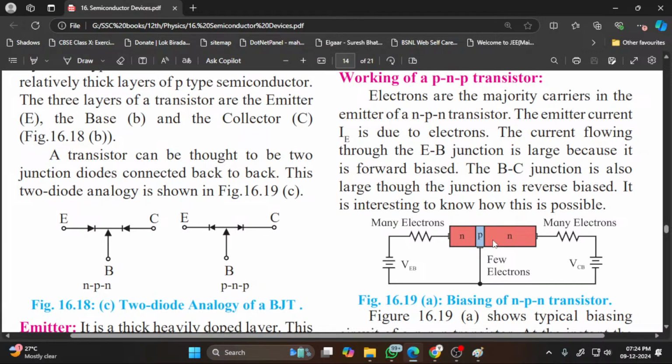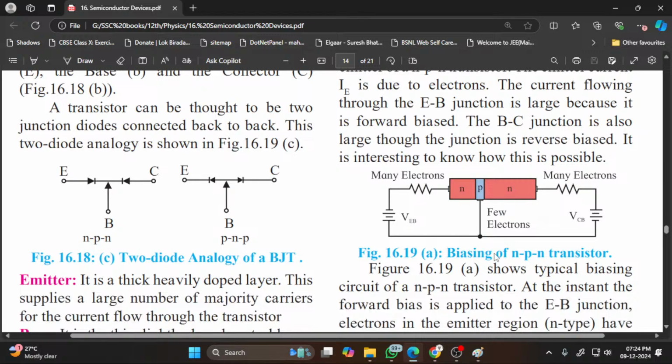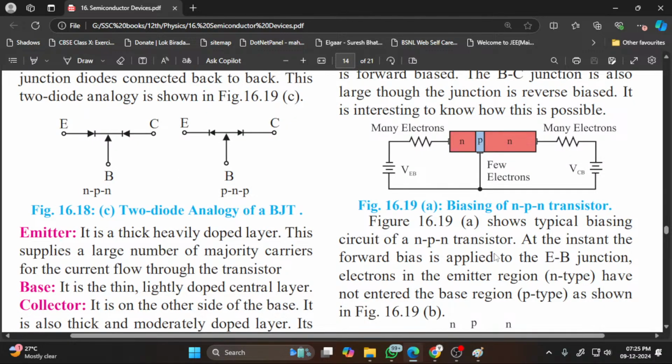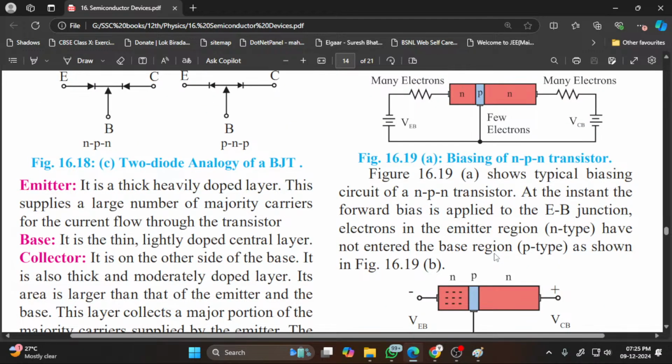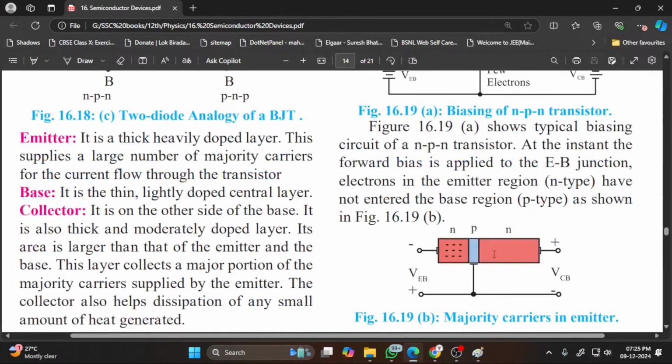It is interesting to know how this is possible. Figure 16.19a shows typical biasing of an NPN transistor. At the instant the forward bias is applied to the EB junction, electrons in the emitter region, that is N-type, have not entered the base region as shown in the figure.